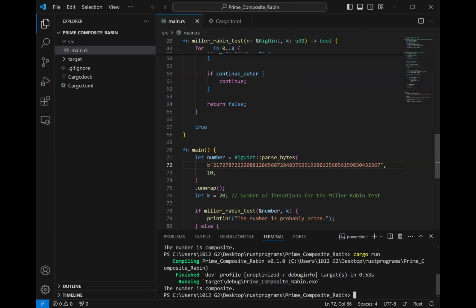Okay, I was looking for a prime number. Let me see if I have one in my notes. I want a large prime number, not a smaller one, because the smaller ones are so many, and I want it to tell me that the number is prime.